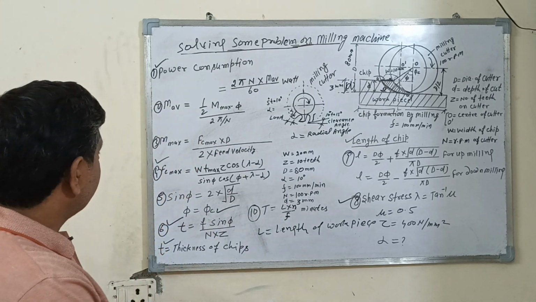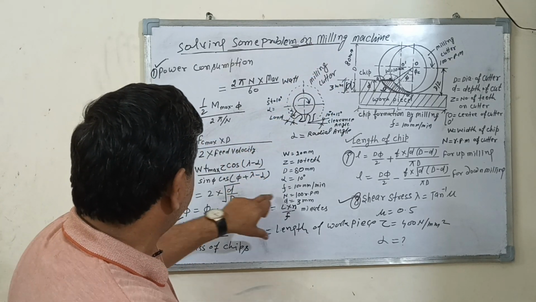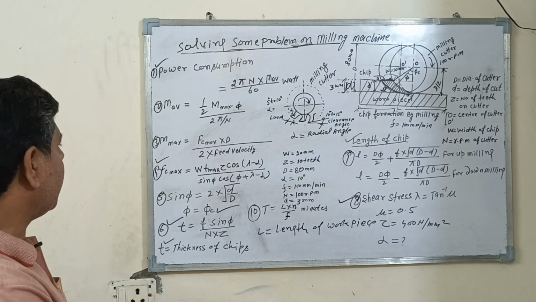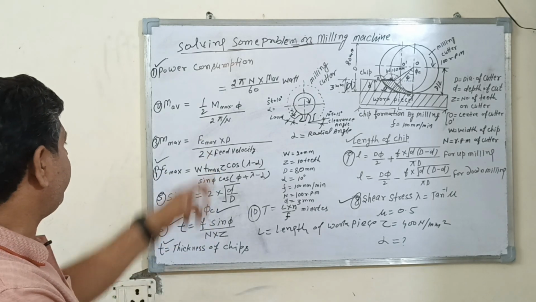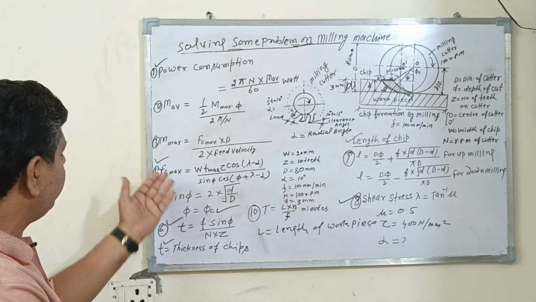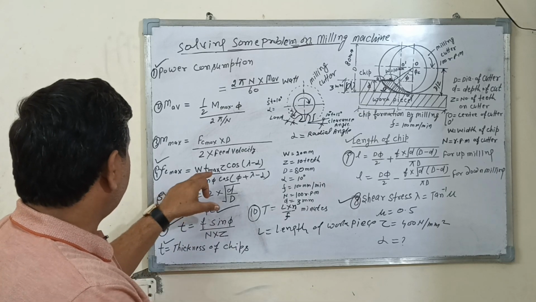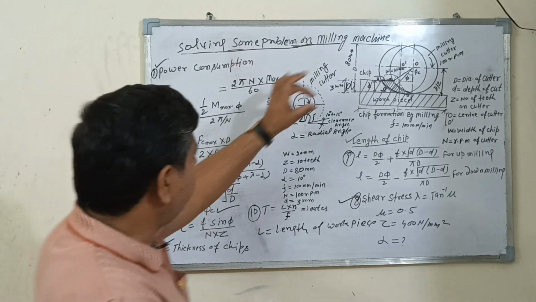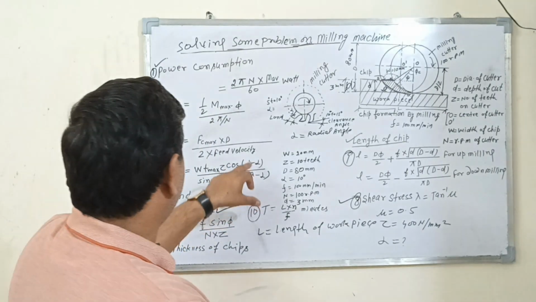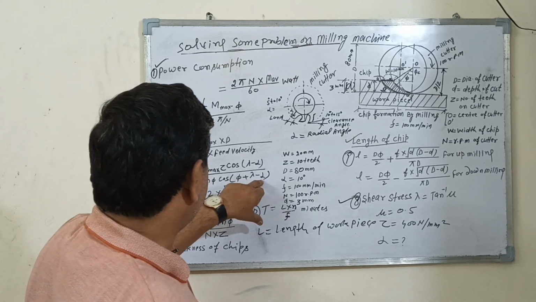D is the diameter of the cutter, the value is given here, and feed velocity F is given here. The maximum cutting force is calculated with this formula: W times T maximum, the maximum thickness of the chips, times tau cos(lambda minus alpha) divided by sin phi cos(phi plus lambda minus alpha).